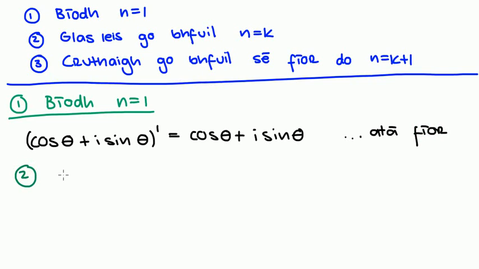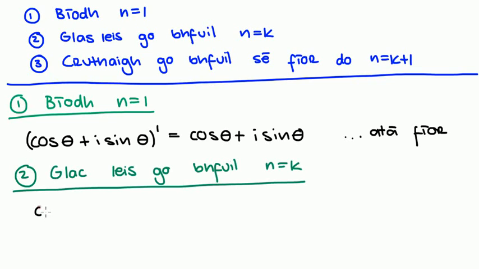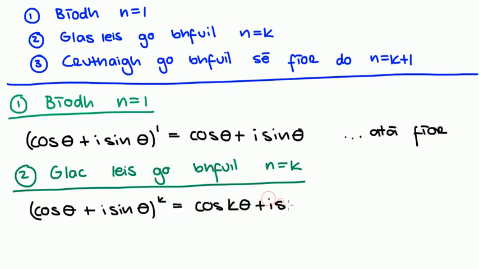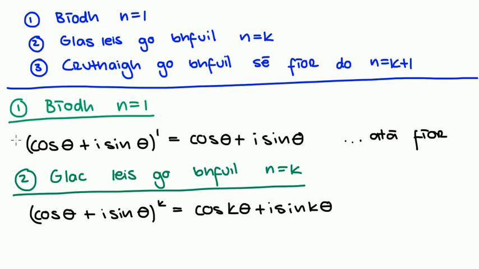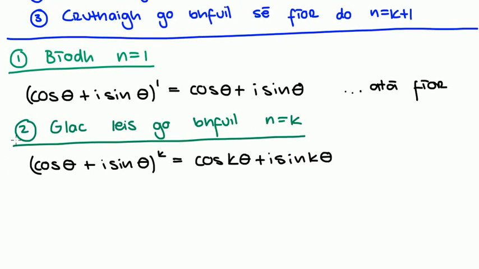On to number 2, we assume that it's true when n is equal to k. So we assume (cosine theta plus i sine theta) to the power of k is equal to cosine k theta plus i sine k theta. So step 3, we prove true for n is equal to k plus 1.